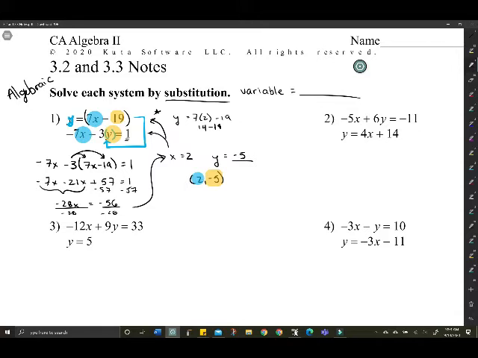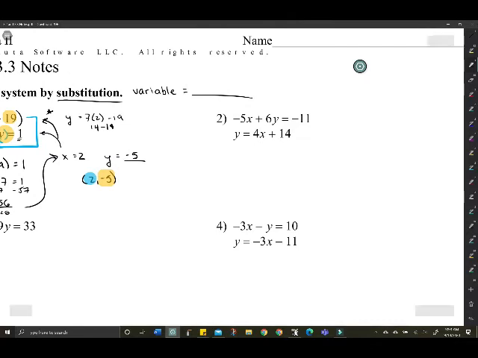I always recommend doing that. 7 times 2 is 14, minus 19 is negative 5. Negative 7 times 2 minus 3 times negative 5 in the calculator is 1. So that works out.